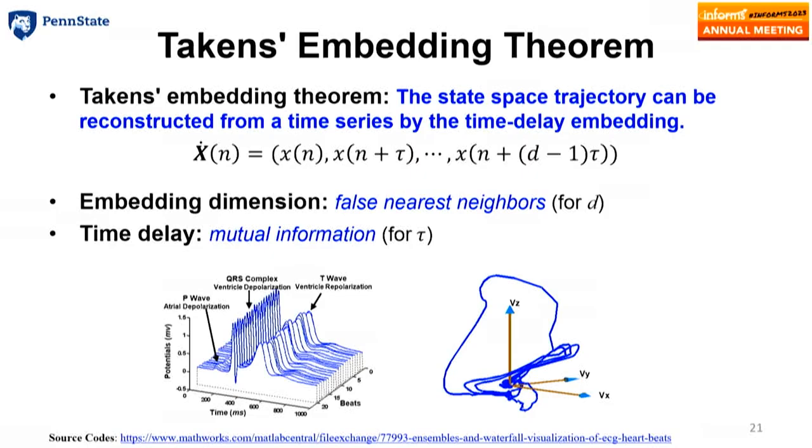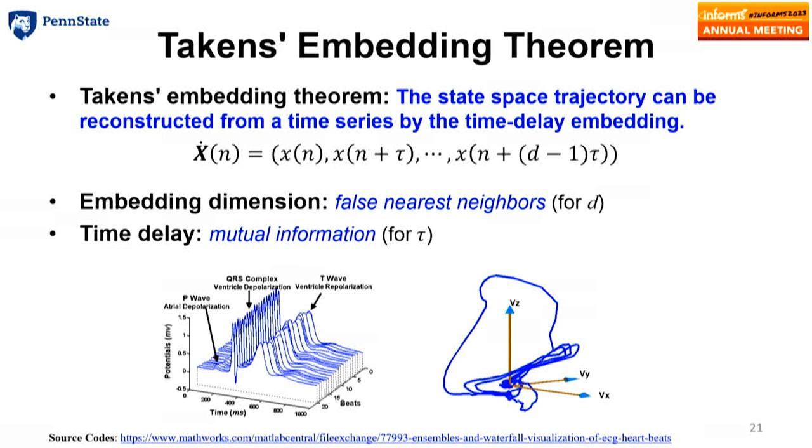If you have a time series, or multidimensional operational data, how do you embed it in the state space? This comes to Takens' embedding theory. The state space trajectory can be reconstructed from a time series by time delay embedding. That means if you have a one-dimensional time series, you can delay it by tau and get the second dimension, and then you continue until you reach dimension d-1.